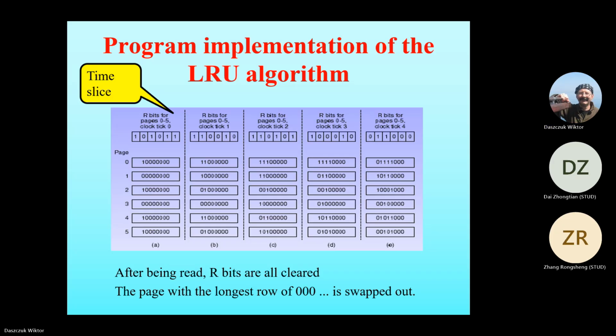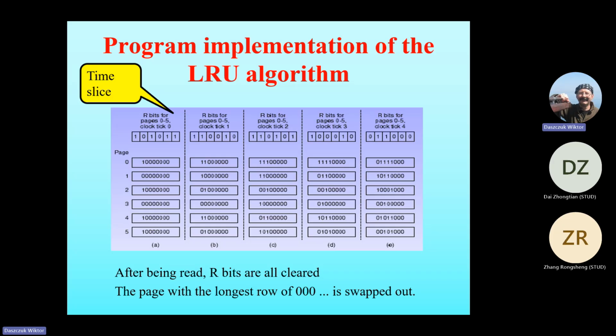Here, it's similar, we have the possibility to read all R bits to memory in a single step. So if they are in such an image, page 0, 1, page 1, 0, page 2, 1, page 4, 0, and so on.